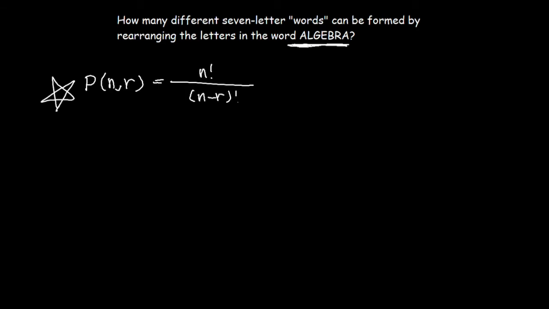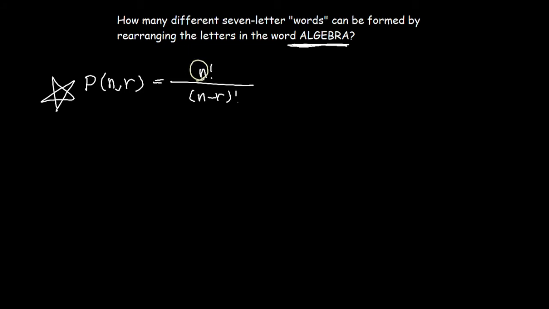This is a formula that you really want to know, because it will be very useful in problems like this. You're going to use this formula to solve letter arrangement problems. Remember that all letter arrangement problems are always going to be permutation problems.